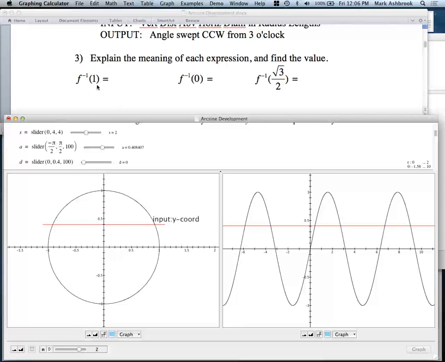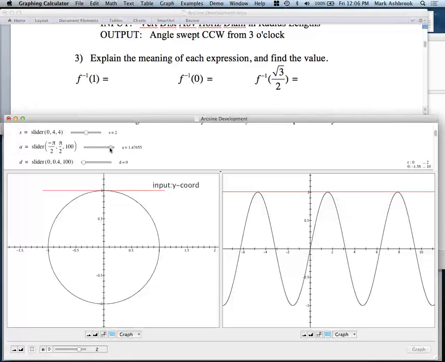What is the whole thing? Angle swept. Okay, so that situation is represented here. We put the input at 1 radius length above the horizontal diameter. I'm showing it with that red line there. And so what is the angle? What is the output of this process?